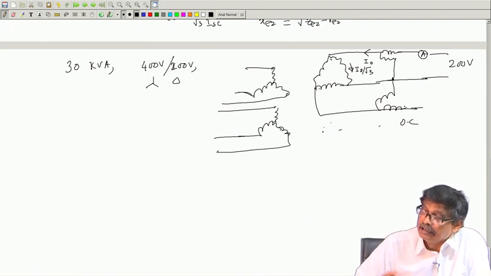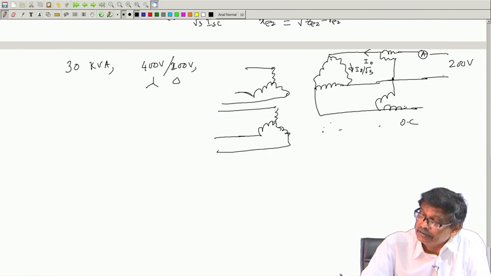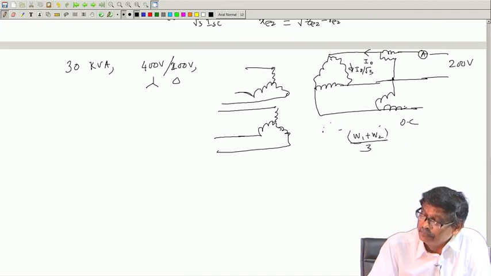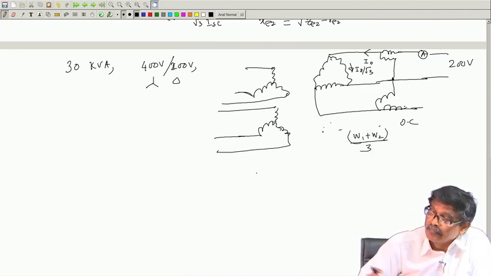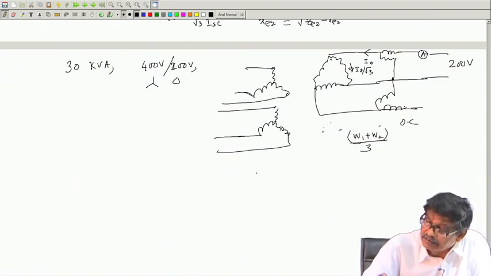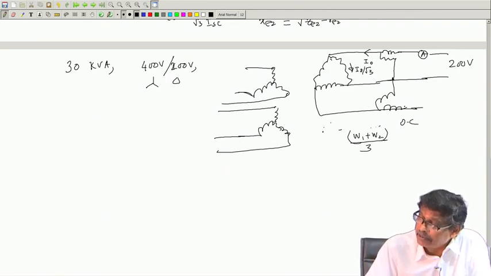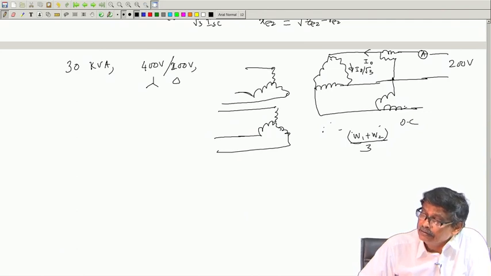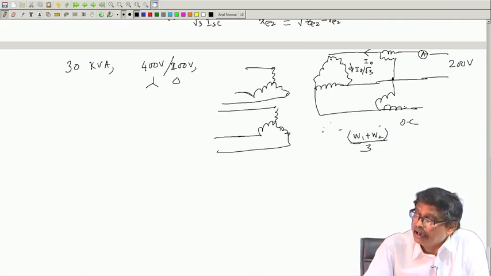Is it not? Therefore, for this voltage, W1 plus W2 divided by 3 I will take. Okay, it is a single phase transformer, this is its primary, this one is secondary, whatever it is, one of the coils, and the power absorbed by this is this one, and whatever is the power factor angle I will calculate.